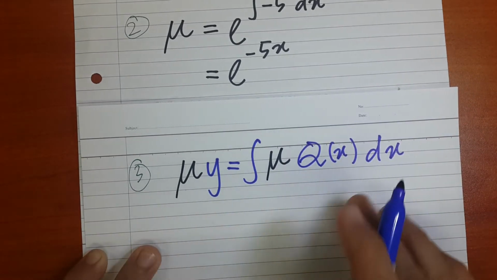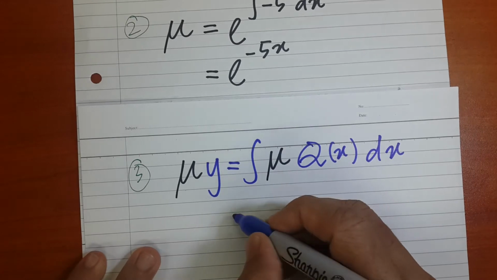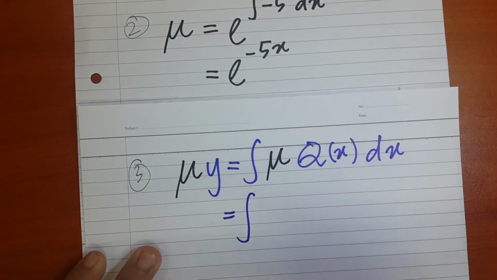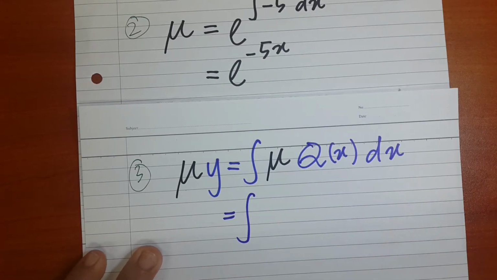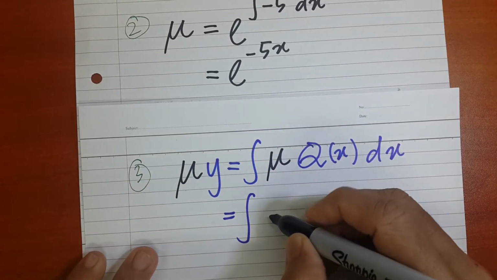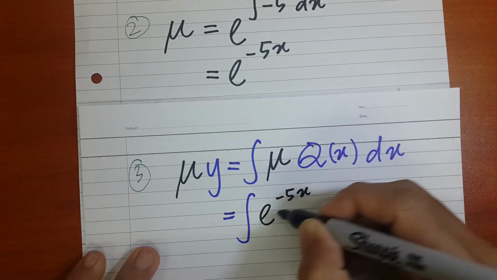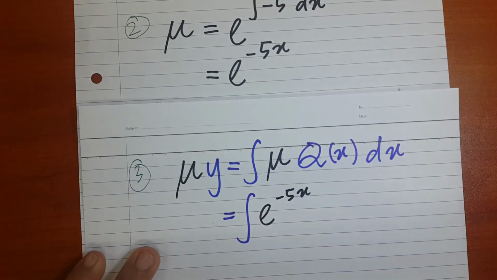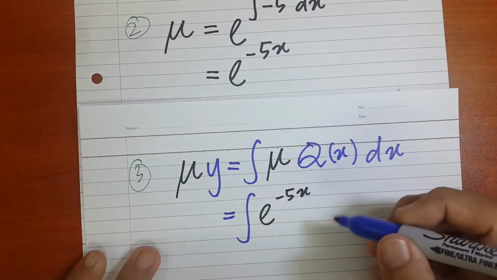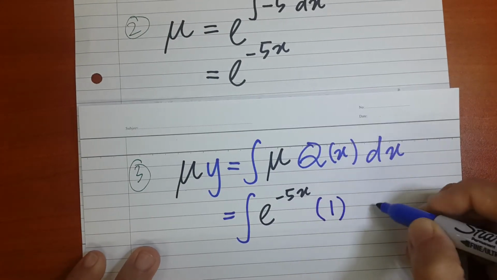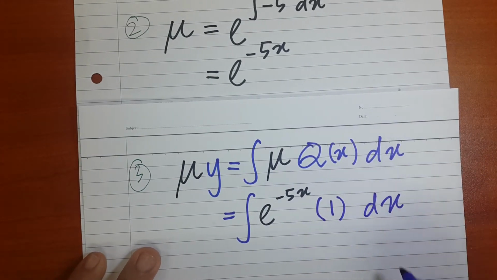Right, and we're going to deal with the right hand side first. So substitute mu equals e to the power of negative 5x, right? And q(x) is just 1, let's just put 1 there, times dx.